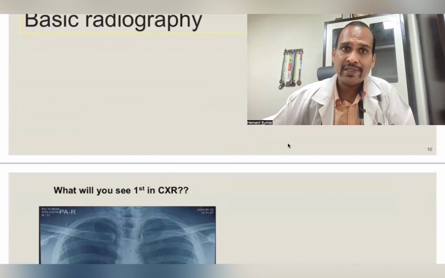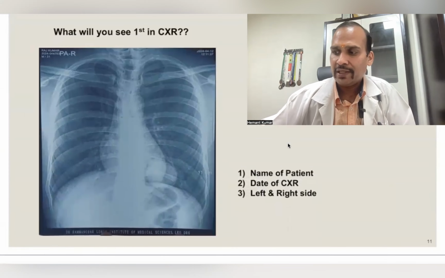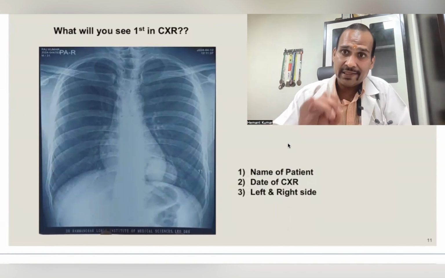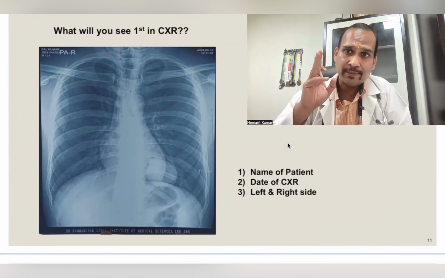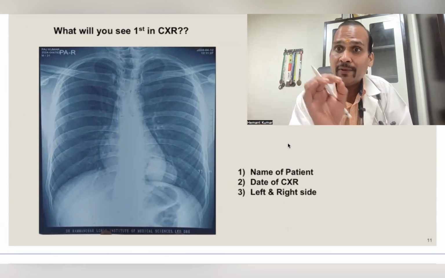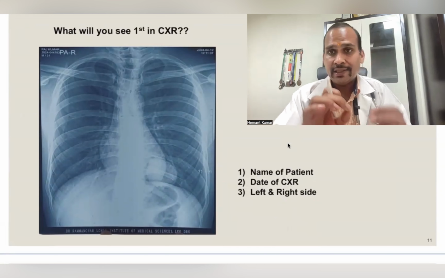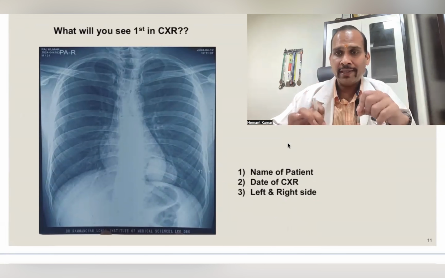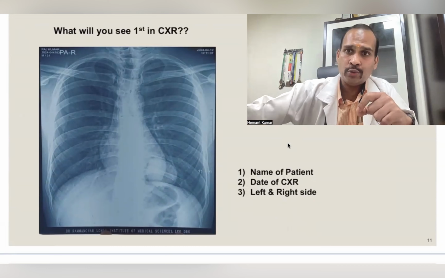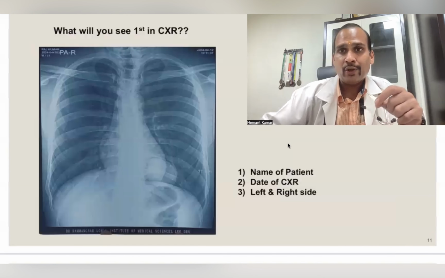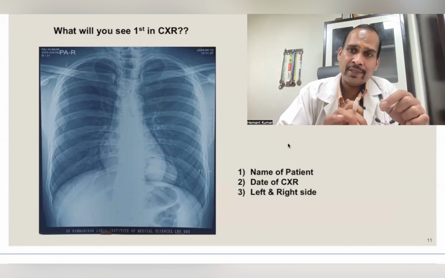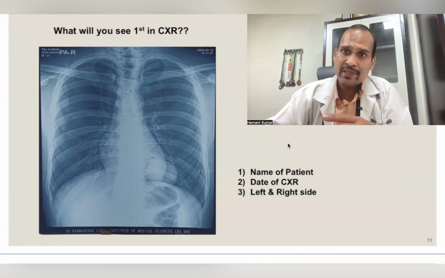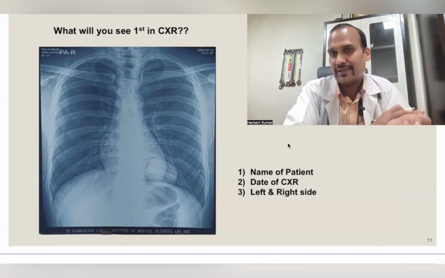So now let's see basic radiography. Whenever you get an X-ray in your hand, you have to see three things in the beginning. First, the name of the patient, to confirm that the X-ray you are holding belongs to the same patient whom you are going to interpret, because radiology is a busy department and many times it happens that somebody's X-ray is handed over to some other patient.